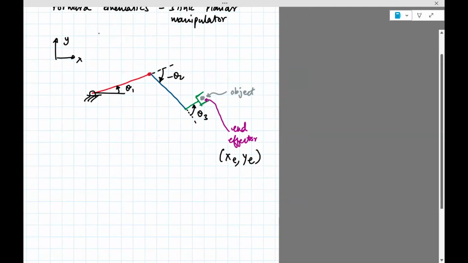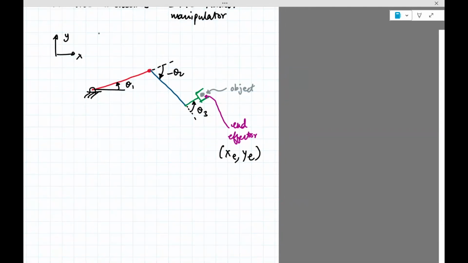So here is the forward kinematics, the definition of forward kinematics.